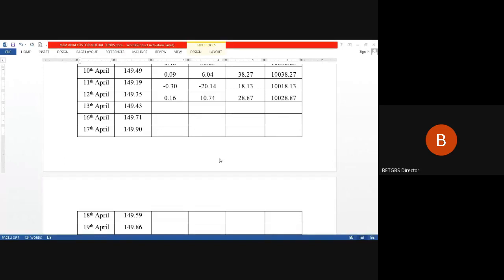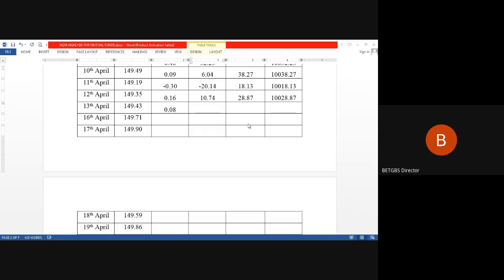Now for the 13th April, we have to do it. It is 149.43 minus 149.35. It is a gain of 8 paise. And again we multiply by 67.15.